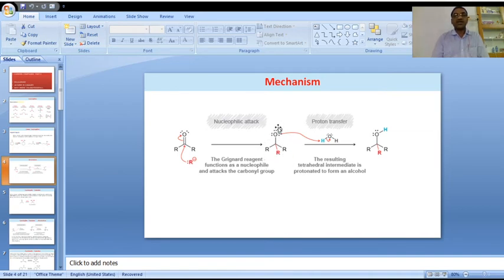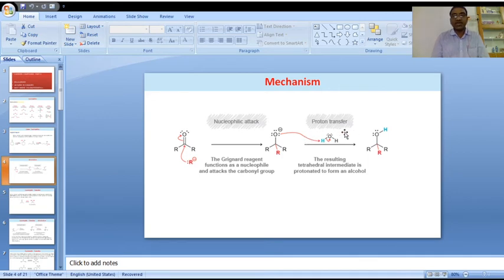The tetrahedral intermediate alkoxide ion resulting from the first step is protonated by a water molecule, abstracting a proton from water to form an alcohol. This is the second step, the proton transfer step.